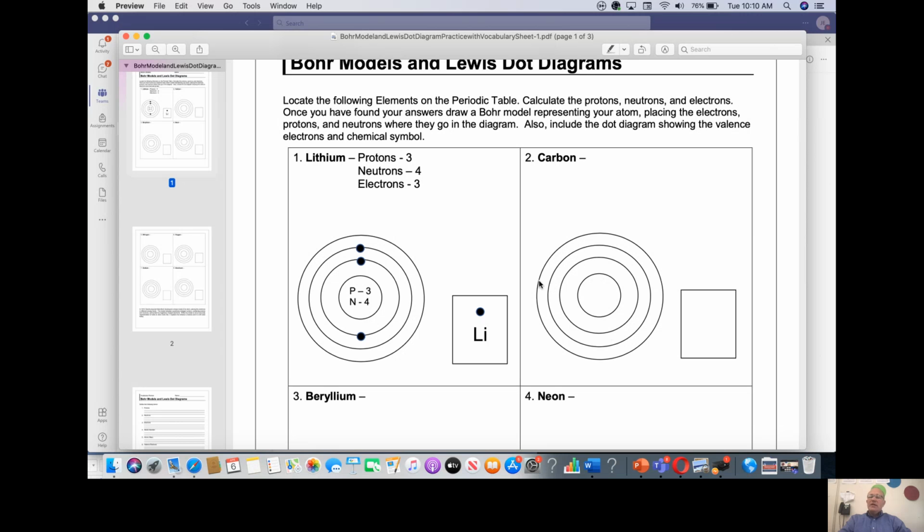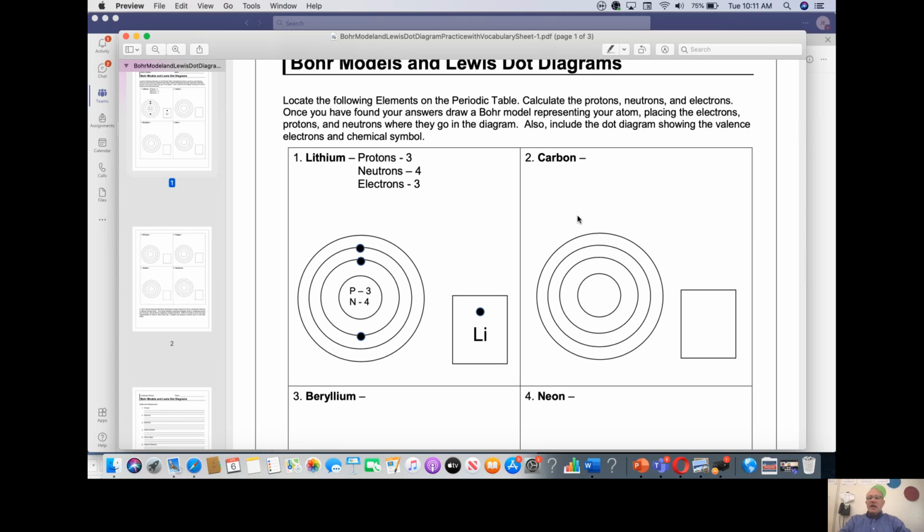As you go out the rings, you can potentially have more and more electrons as you get more and more energy levels. But for our purposes, for life science, almost all the elements we're dealing with here only have 2 energy levels, or if it's hydrogen, just 1. So in this situation, carbon will want to add 4 electrons from other elements to make that outer energy level have a total of 8.